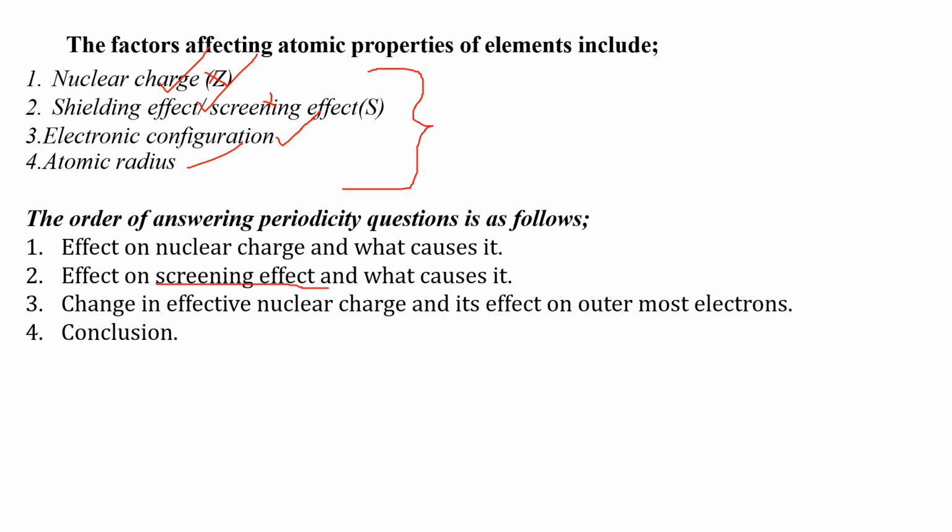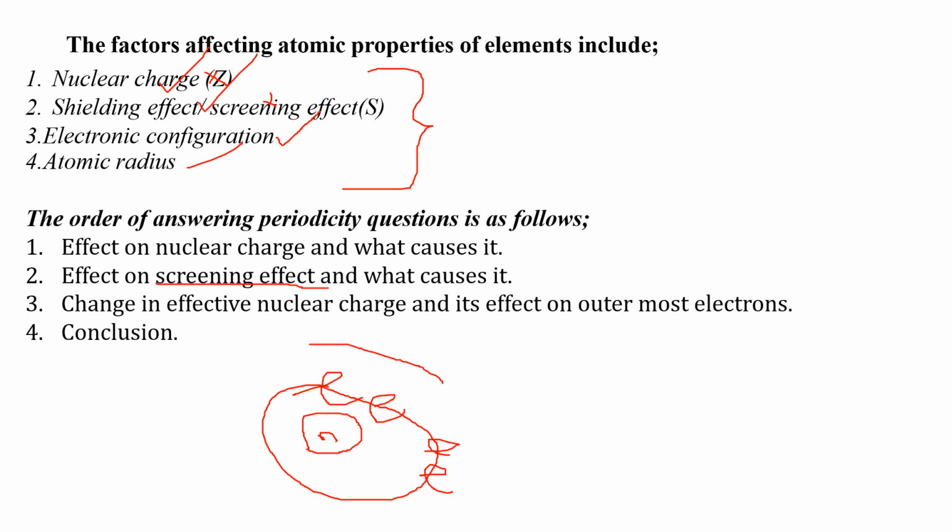Let me sketch that one here so that we can understand how screening effect is brought about. So if you're having an atom, let's say that this is the nucleus N of the atom, and this is one of the sub-energy levels, and you're having electrons here, electrons here, electrons here, and electrons here. And we get another sub-energy level on top of this.